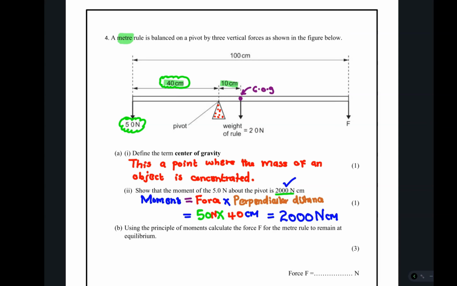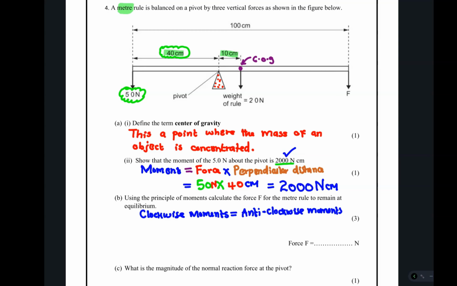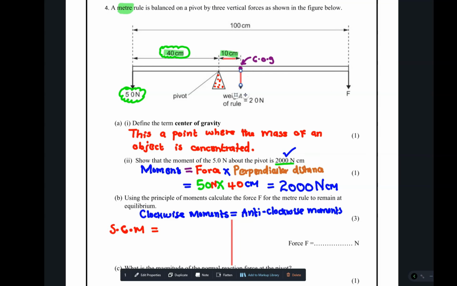Therefore, we need to work out a clockwise moment, and since we had worked out the anti-clockwise moment, in Roman 2, we are going to equate them in order to work out F. But under the clockwise moment, we have two forces, so we are going to have the sum of the two moments. The sum of clockwise moments equals this one here, 20 newtons times 10, which is going to give us 200, of course.